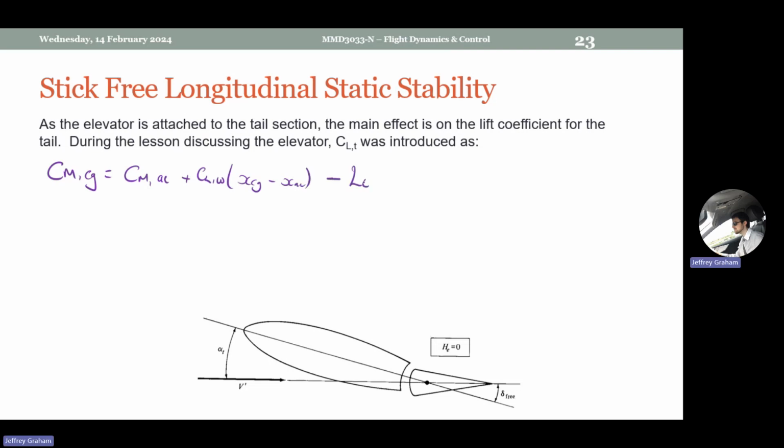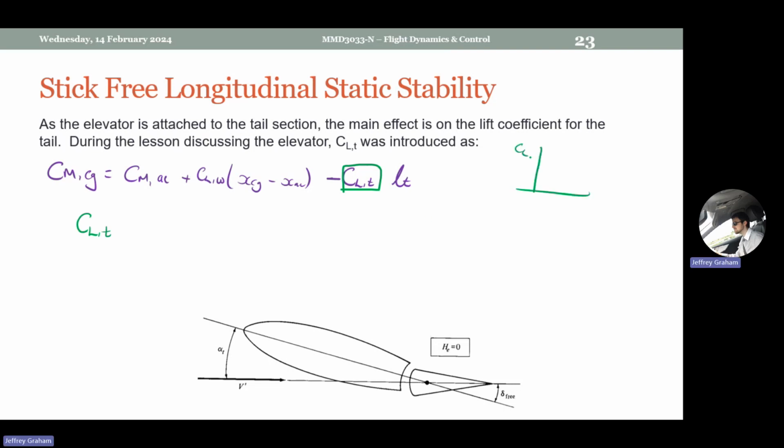We then subtracted the coefficient of lift and its arm. The bit that I'm going to focus on only here is this coefficient of lift from the tail.